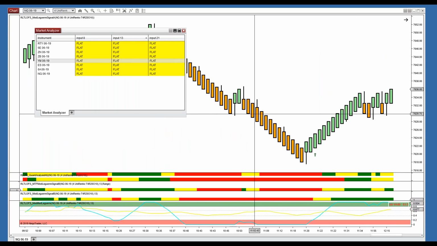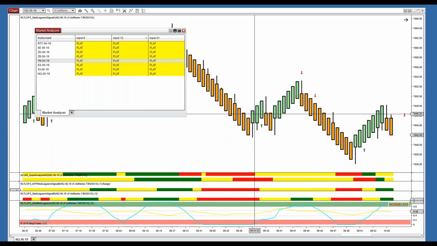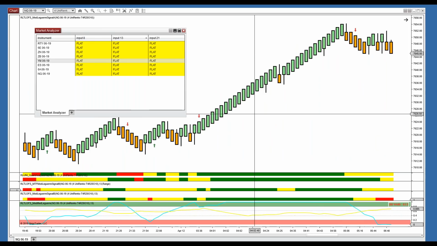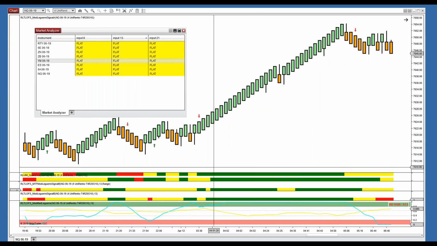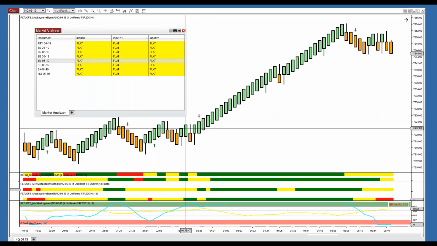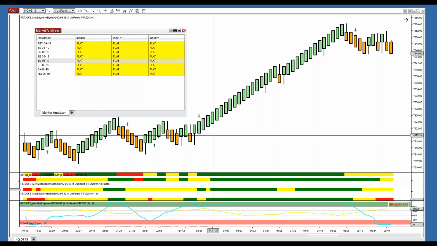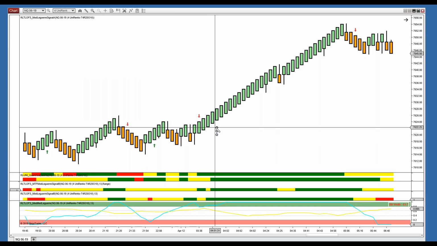Now, where would it go red? Let's take a look right here. You can see these arrows are not part of the analyzer signal. This is if you're going to day trade off the charts. When all four of these lines go green, this is where you've got your entry.